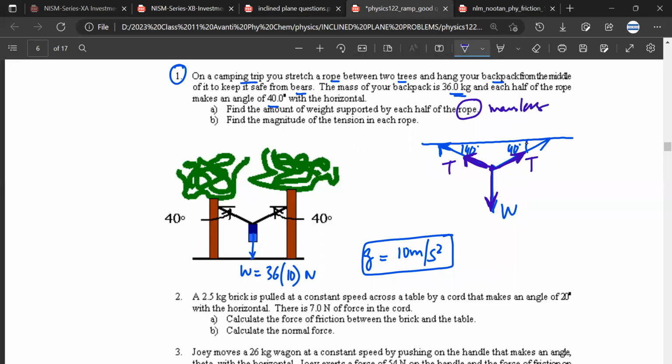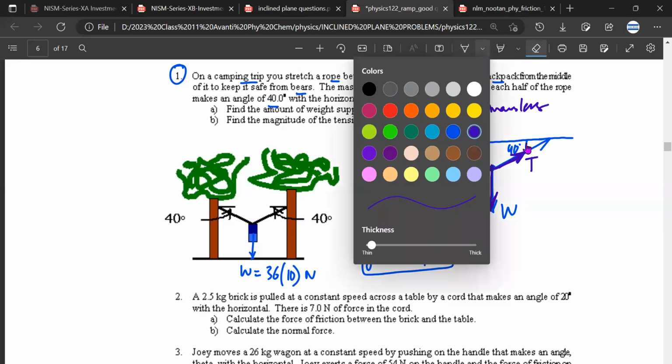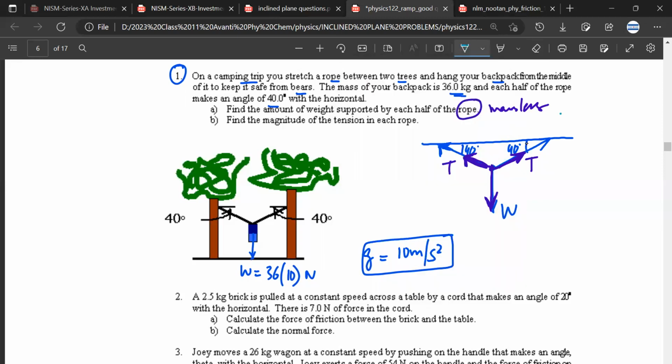And then you might have a question: why are both the tensions the same, why is it not T1 and T2? See, let me do this question with T and you'll understand. The T makes this angle of 40 degrees.